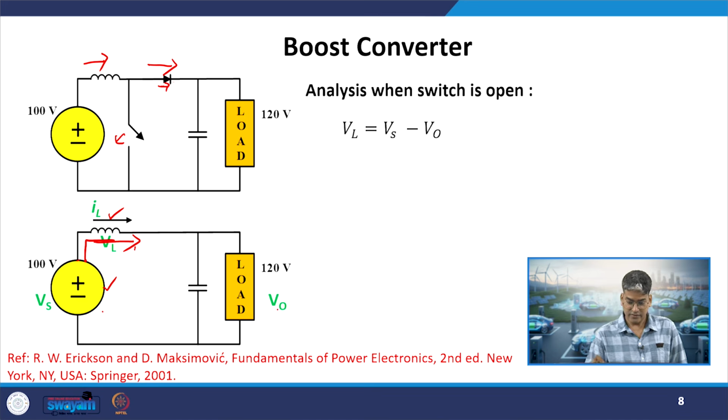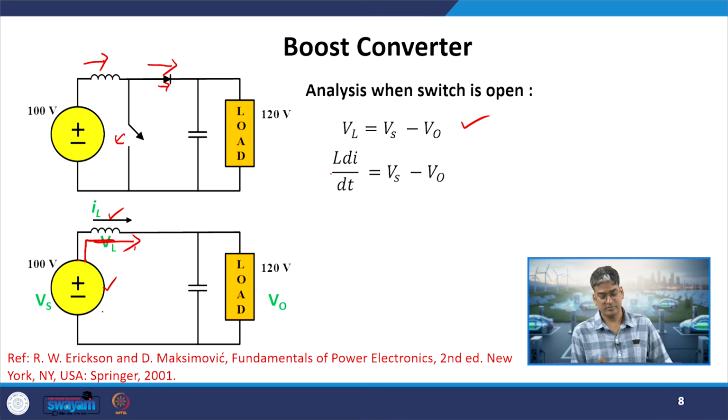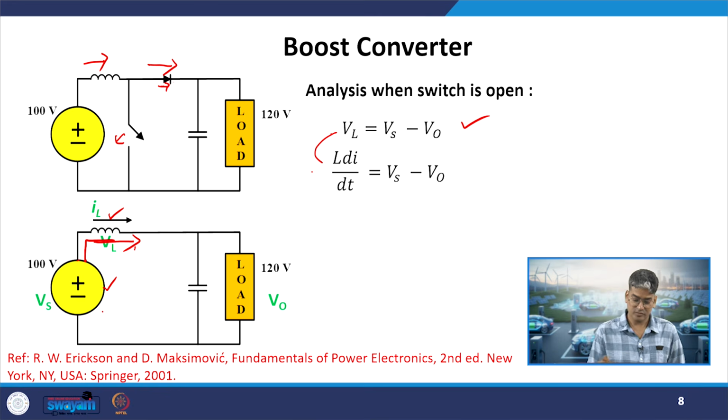So if I find the relation between the voltage applied across the inductor and the input and output voltage by applying KVL, I will see that VL, the voltage across the inductor, will be equal to Vs minus V0. Now VL is again given by L di by dt, so L di by dt equals Vs minus V0.